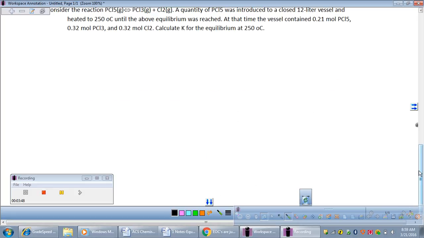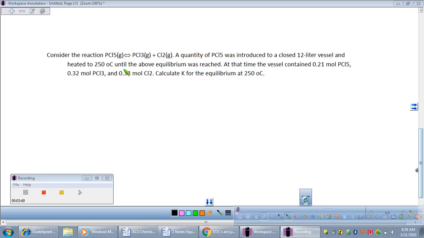If you are given the reaction, you can figure out the equilibrium expression. And then if you are given information about molarity, then you can solve for your K. So let's first write our equilibrium expression. They're all gases, so we're going to include them. Remember that it is products over reactants.